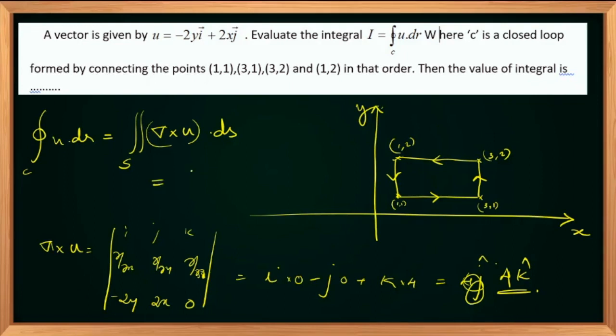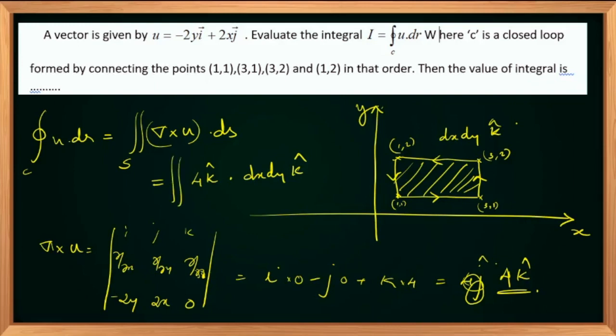Now I got del cross u as 4k vector and ds is the direction of this surface, that is dx dy k vector. So if I dot product this, it becomes 4 dx dy, and when you take out 4, integral dx dy is going to be this area.